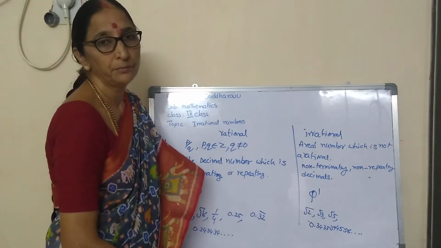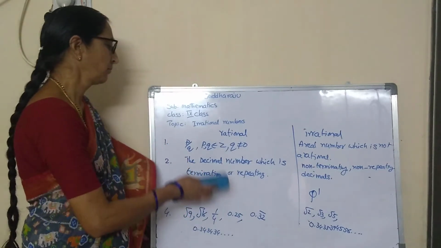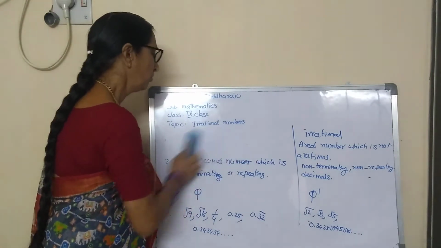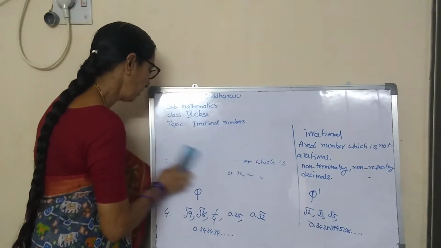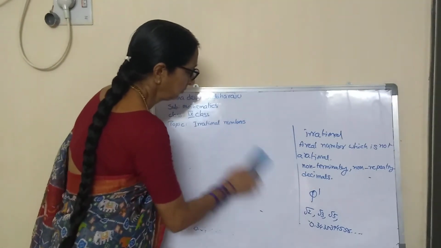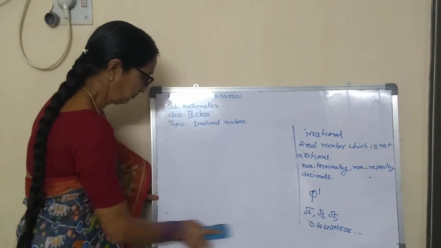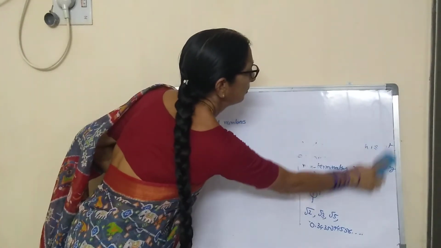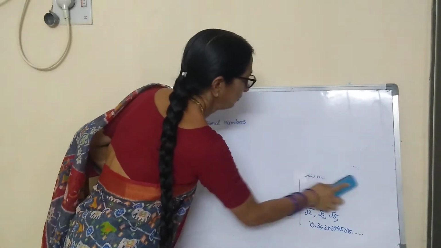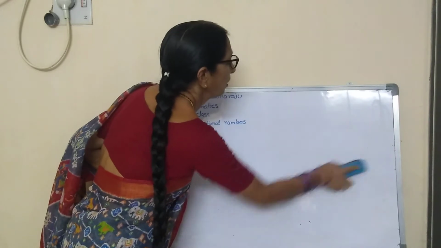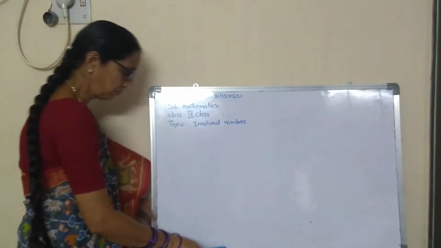We will complete it. Now we are going to represent irrational numbers on the number line.